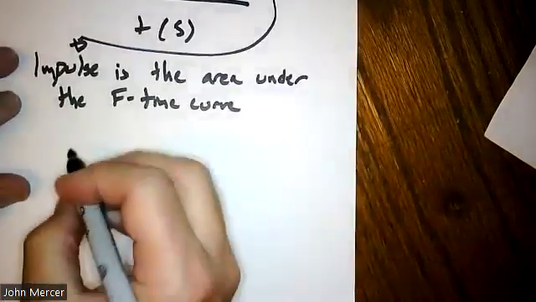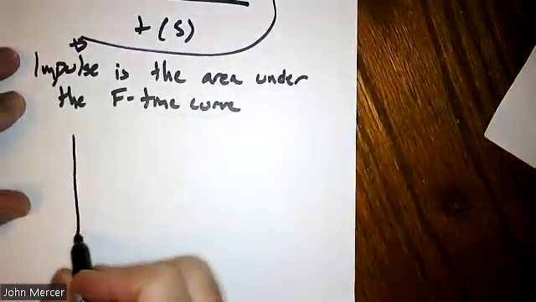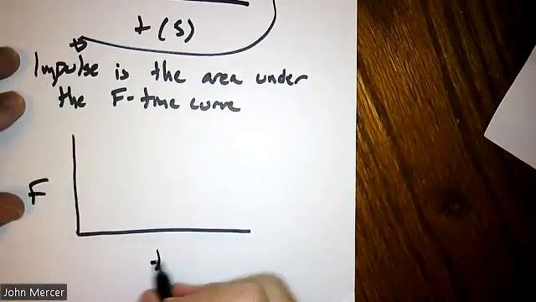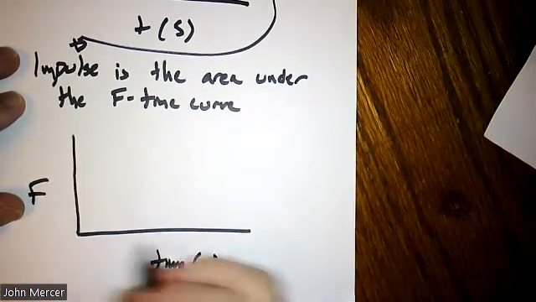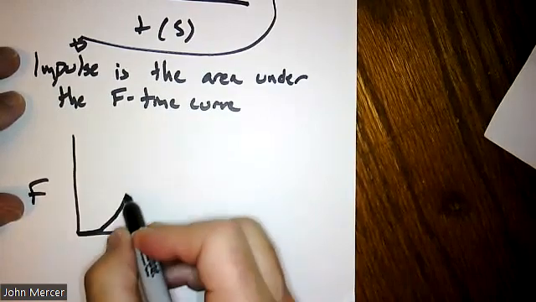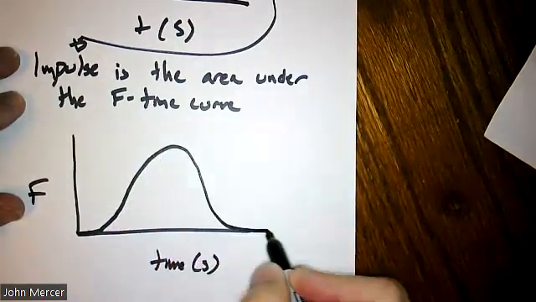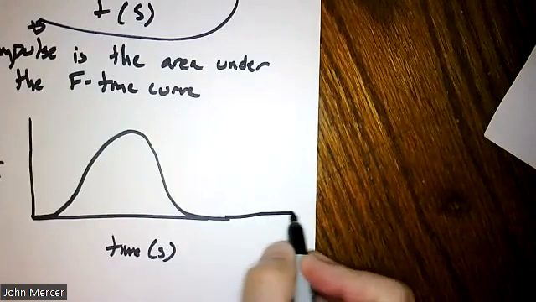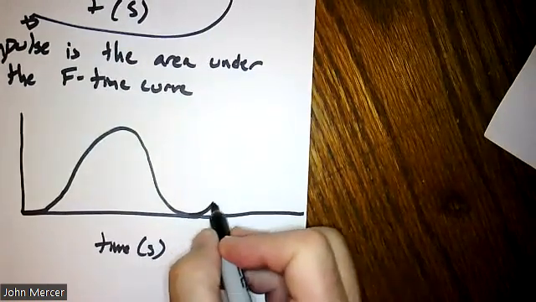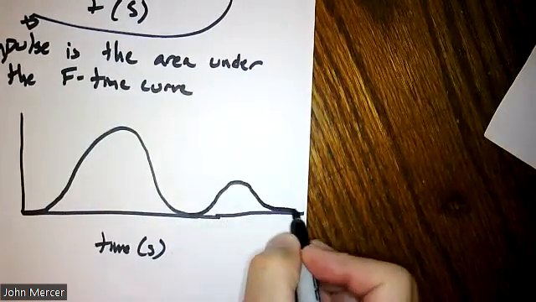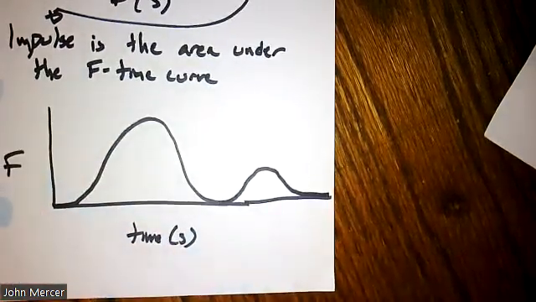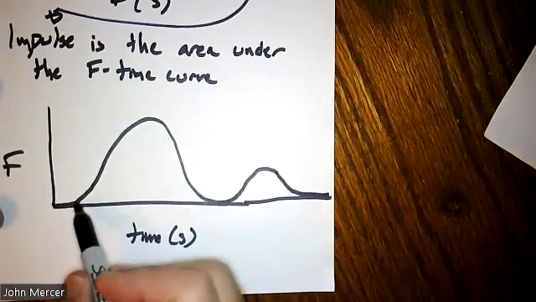So when we do some work where we actually measure a force during some movement and we get something that looks maybe like that, we can actually calculate the area under that curve. And if I continue this out and do something else, like maybe this is a vertical ground reaction force and this is jumping, okay? It's pretty close.